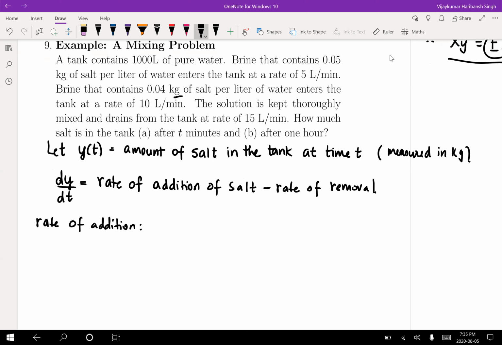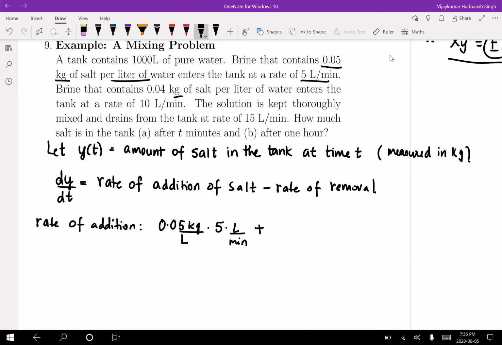So how much salt is entering the system? First of all, we have 0.05 kilogram of salt per liter entering. And how many liters are coming in? We have 5 liters per minute.